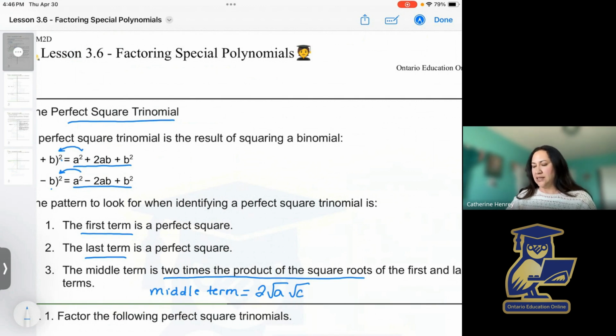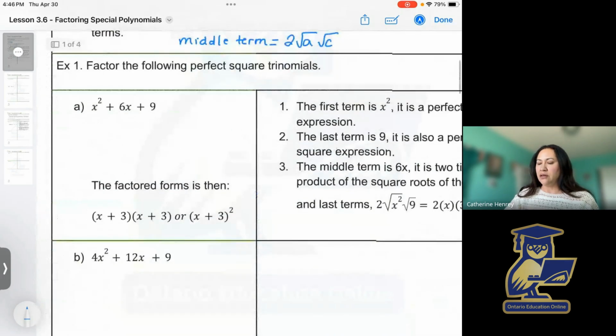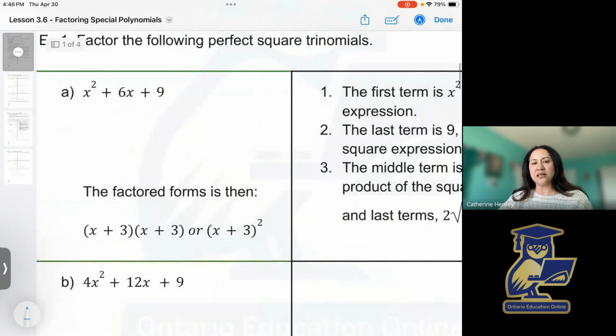So let's take a look at an example. If I take a look at this first example, x squared plus 6x plus 9, my first step is to check, do I see right away that the first term and the last term are perfectly square numbers? Can I take the square root of x squared?